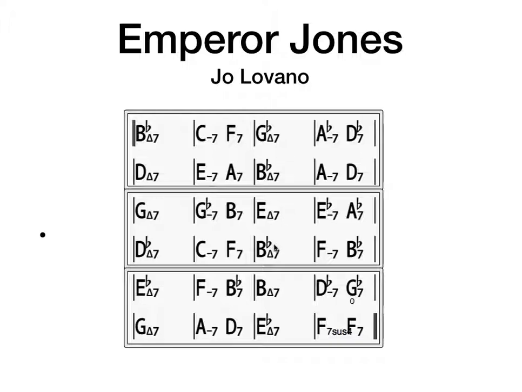Okay, but what's more interesting is if we look in the middle here, he has used a diminished cycle. So B flat to D flat is a minor third, D flat to E is a minor third, E to G is a minor third. So that's a diminished chord progression backwards.